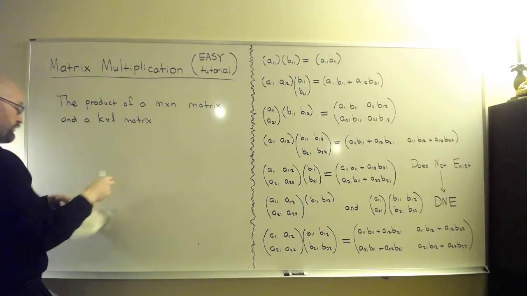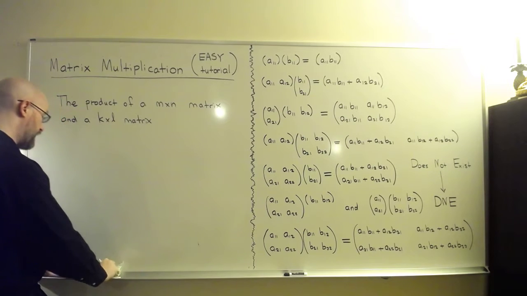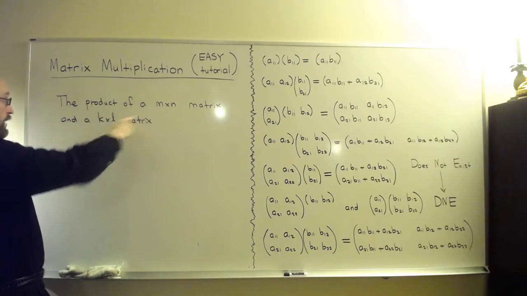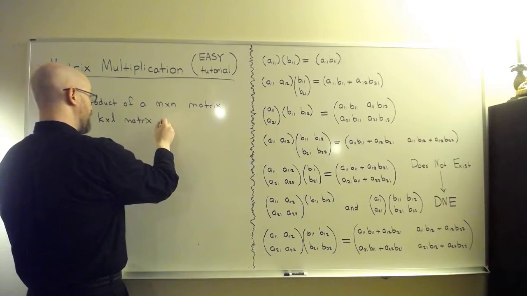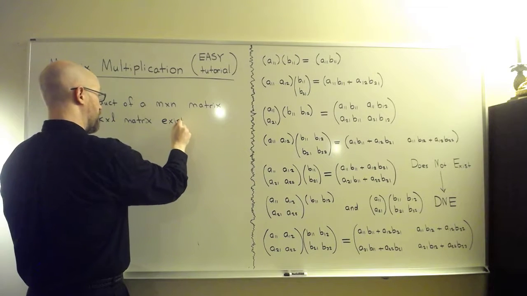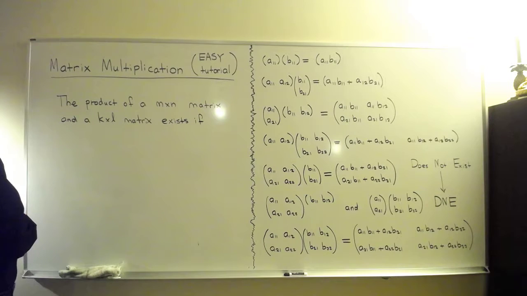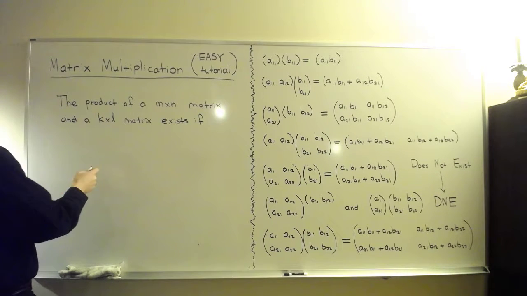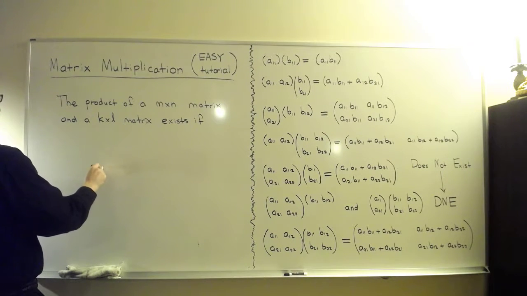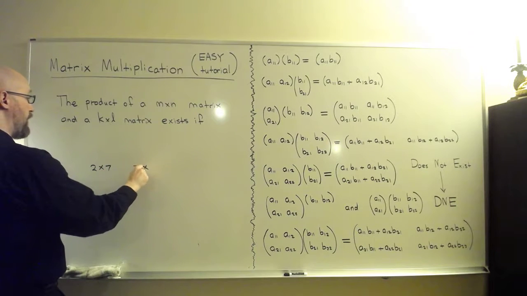And once again, that doesn't have to be true in general, it's just that it was in that example. The product of an M by N matrix and a K by L matrix exists if what? Well, remember we had a 2 by 7 and a 7 by 1.